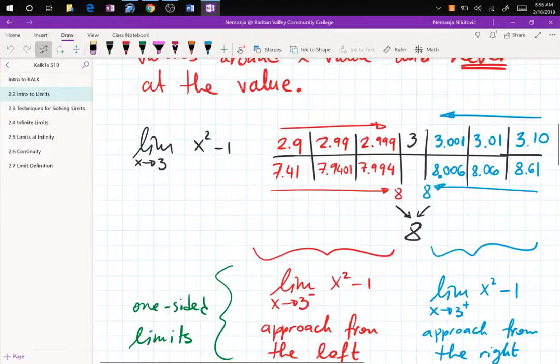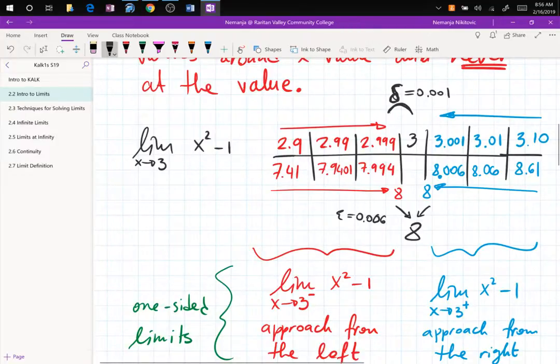So if you take a look at the delta over here between the red and this one, delta is 0.001, right? So in this case it will be 0.001, and if you look at the epsilon on the bottom is 0.006. So epsilon is 0.006.